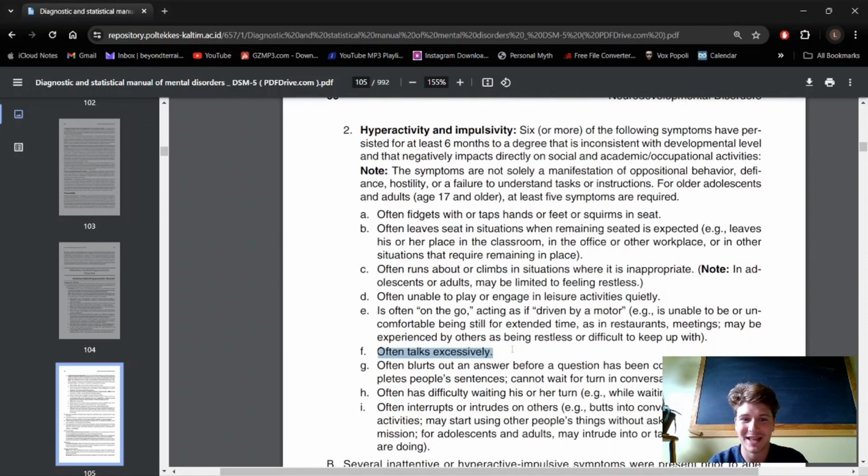Often talks excessively. That one is probably the funniest one because this also depends on the view of the individual. So if you're talking to somebody and you really enjoy their presence and you enjoy what they have to say and you find what they're saying very interesting, if they blab on for hours, you're not going to find that they talk excessively.